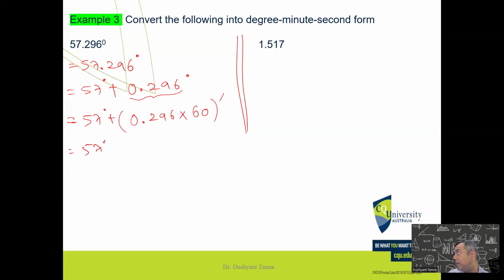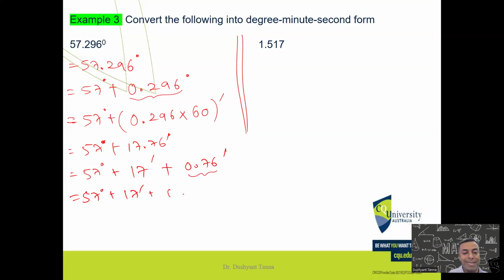That is 57 degrees, right? And you got 17.76 minutes. Again, we split that: 57 degrees, 17 minutes, and 0.76 minute. We don't do anything with the 17 minutes. We convert this by timesing it by 60 seconds.